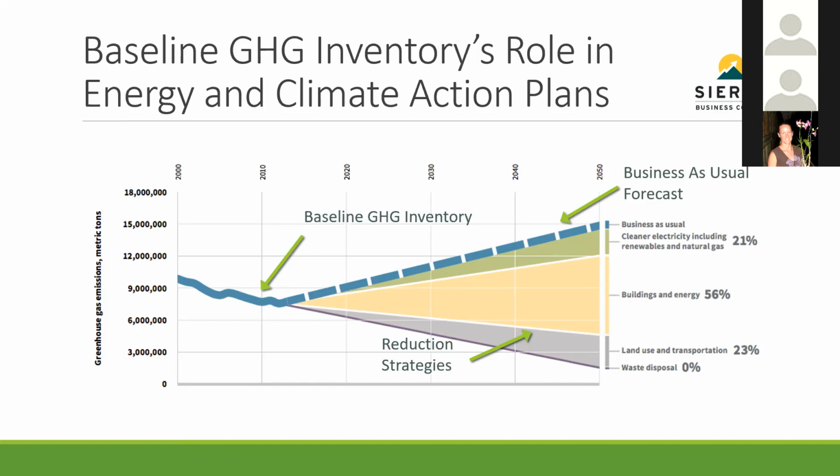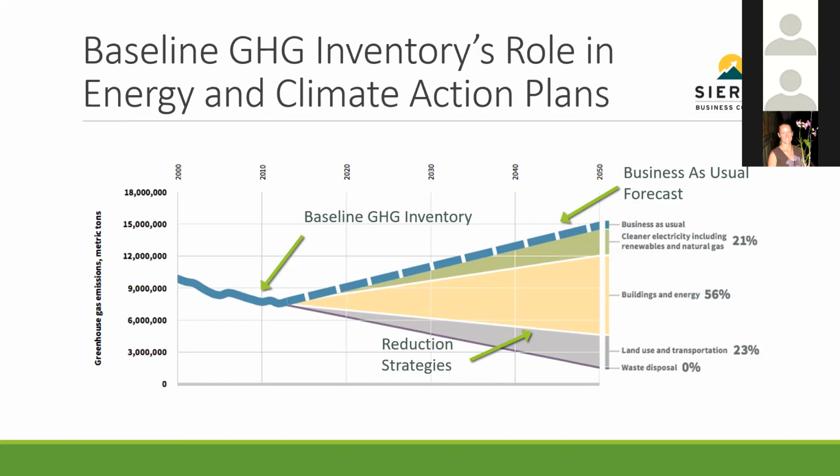It's the starting point for where the rest of the work originates from. It's critical, though, throughout the process to involve jurisdictional staff across departments and the community to ensure that the final product, an energy or climate action plan or sustainability plan, is actionable and capacity is built within the community and staff.